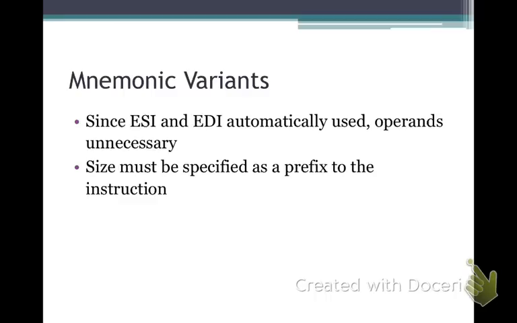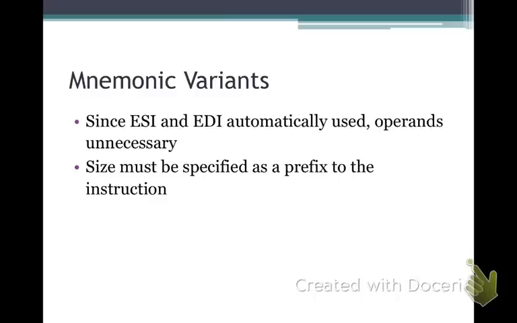All right, I've got some variants I need to tell you about. Since ESI and EDI are automatically used, operands are not necessary, but we still need to have a way to indicate size. So what we typically do is size must be specified as a suffix to the instruction.